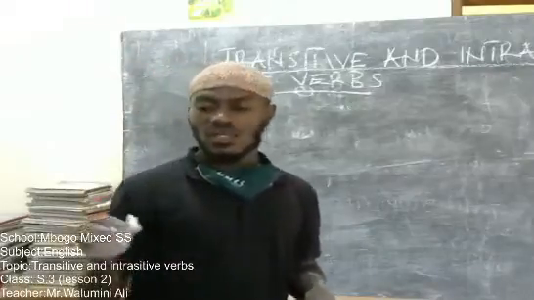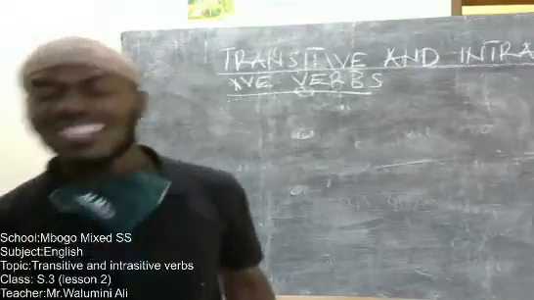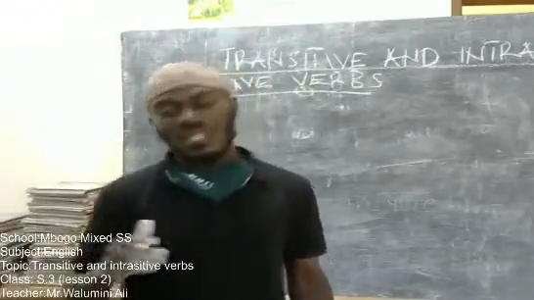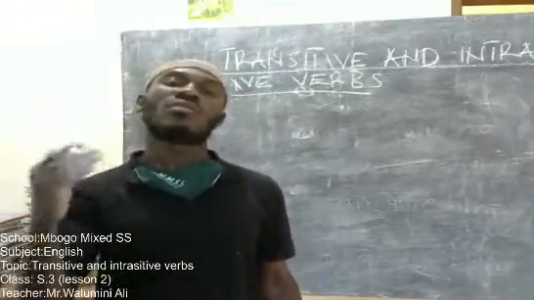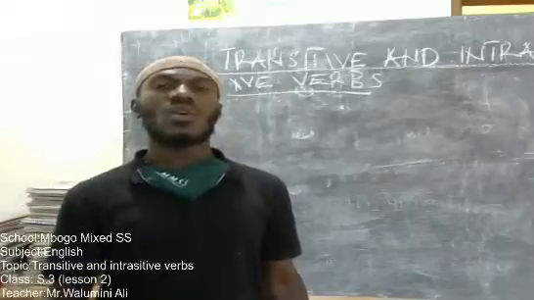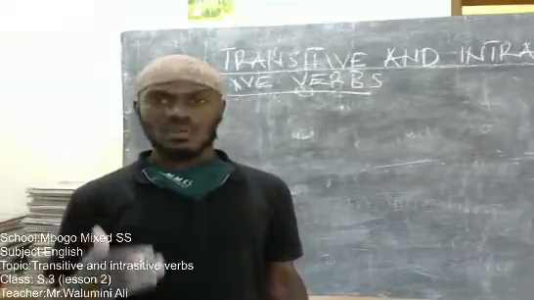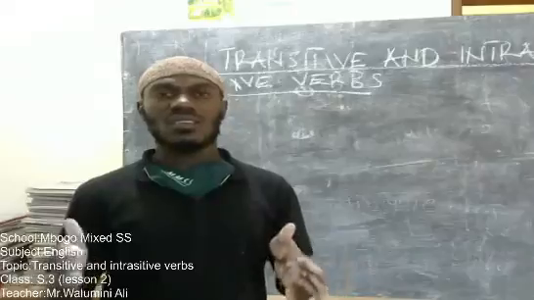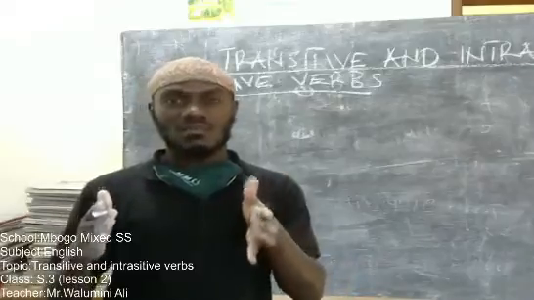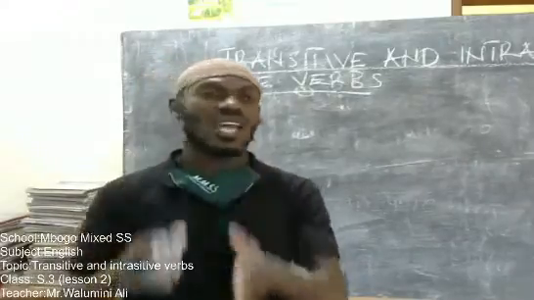And a transitive verb is one that requires a direct object to make full sense of a sentence or a complete statement. I know it is a little hard now, but when I illustrate this, you will actually understand.